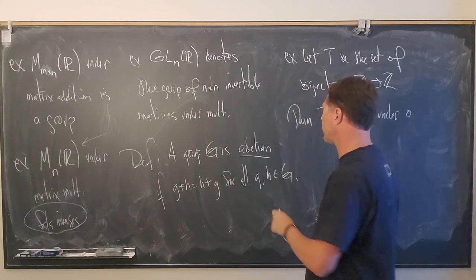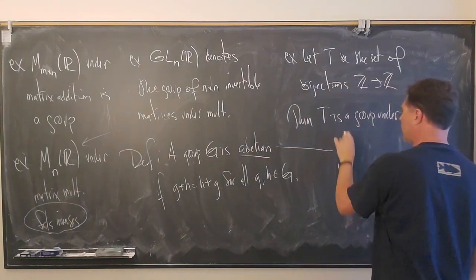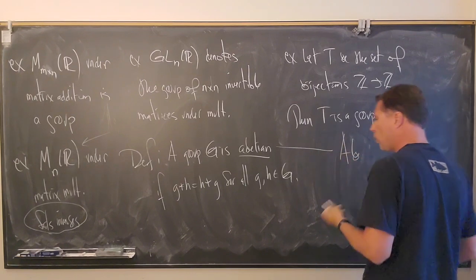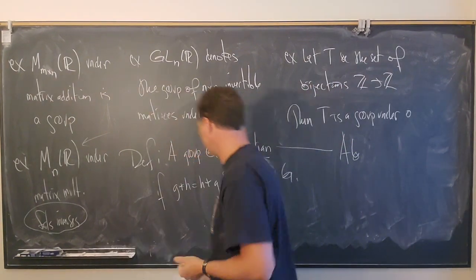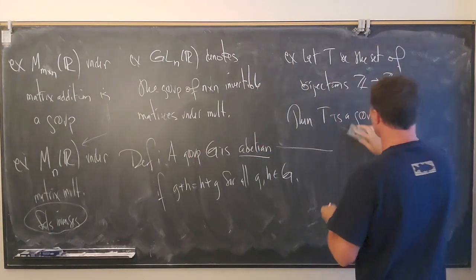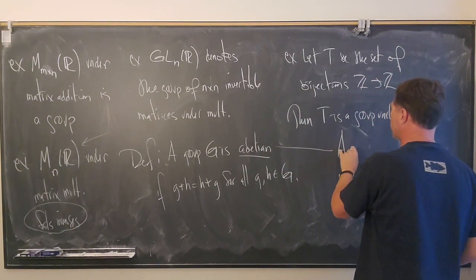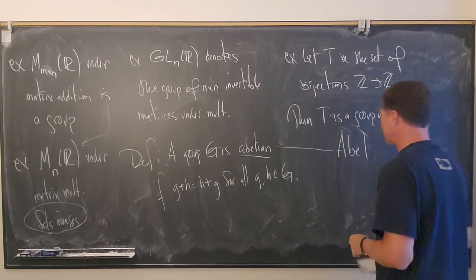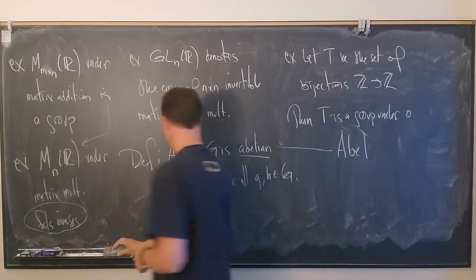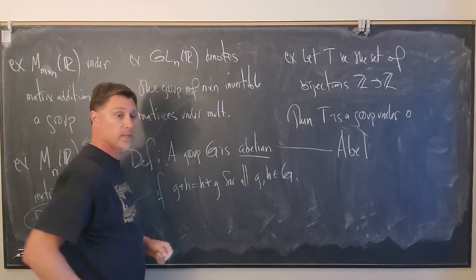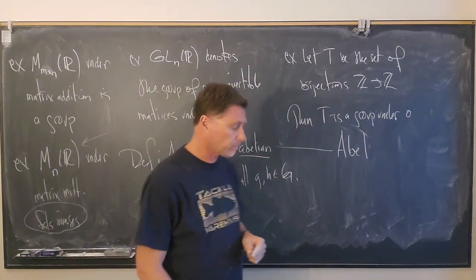And this word here, abelian, comes from one of the early, I can't say the founding father, but one of the early guys who studied and developed group theory. His last name was Abel. And so that's where we get abelian from. It's named in honor of him.